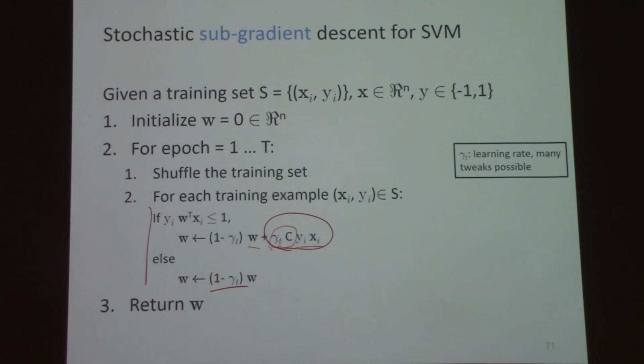Questions about this? About the idea of stochastic subgradient descent? Yes. Where does gamma come from? Is that just a hyperparameter? Gamma is a learning rate. It's like the hyperparameter, and there is a whole set of tweaks and games to be played with choosing a good gamma.